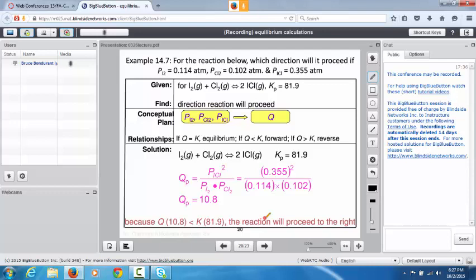We can take the pressures and put them into the reaction quotient, so we've got ICl squared over I2 times Cl2.